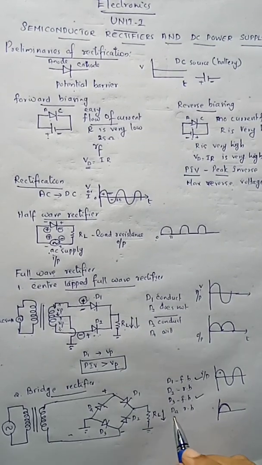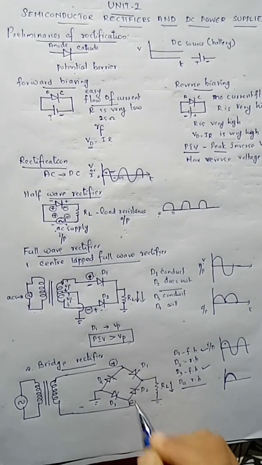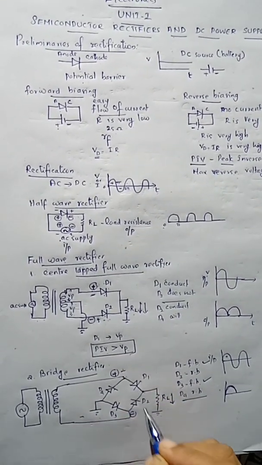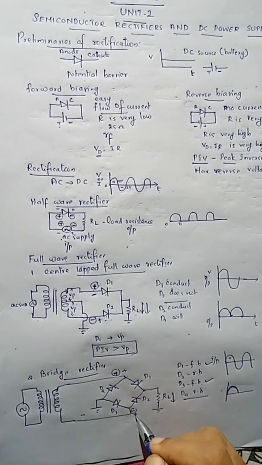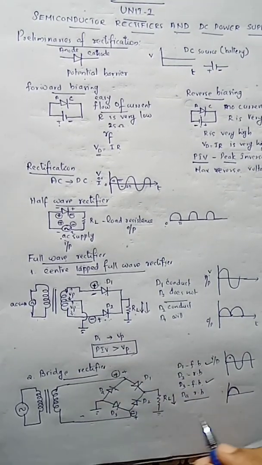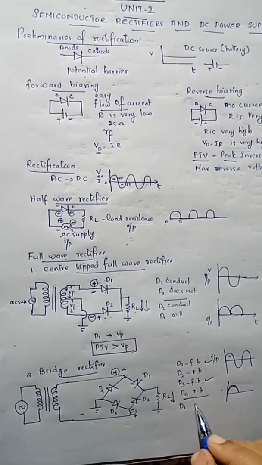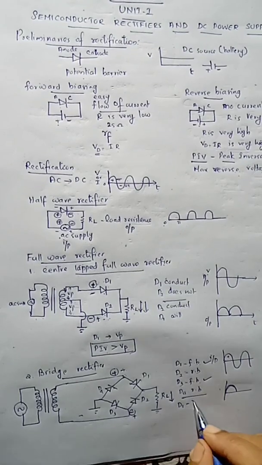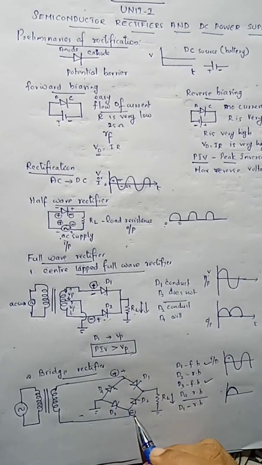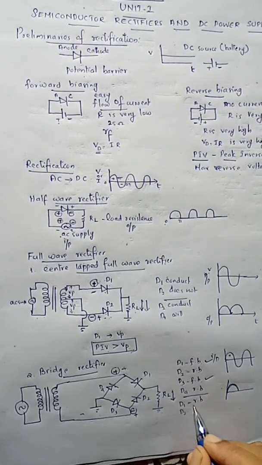Now during the second half cycle, what happens? The polarity changes, and this end becomes negative and this end becomes positive. When this end becomes negative, suppose we take the case of D1. D1 has its anode to negative, so it is reverse biased. Here positive is connected to the anode of D2, so D2 is forward biased.